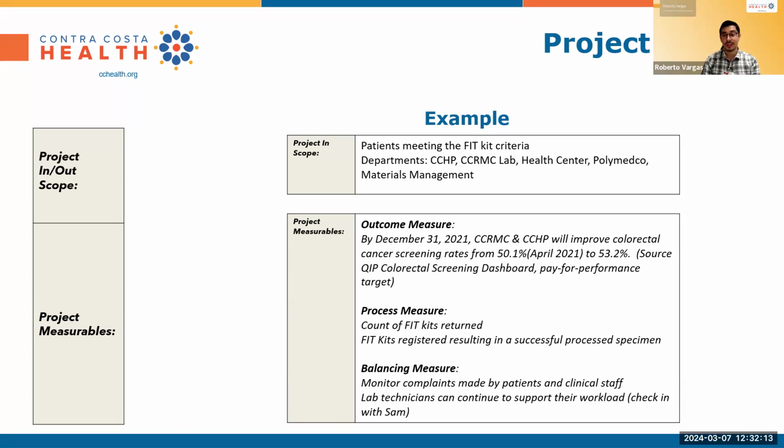And there's some work that's associated with what's called critical values. And these are values that, I'm not going to use stat labs and all that, but it was a really important test that needed to be performed immediately. And if there was a poor result, it needed to get conveyed to the clinical staff immediately.